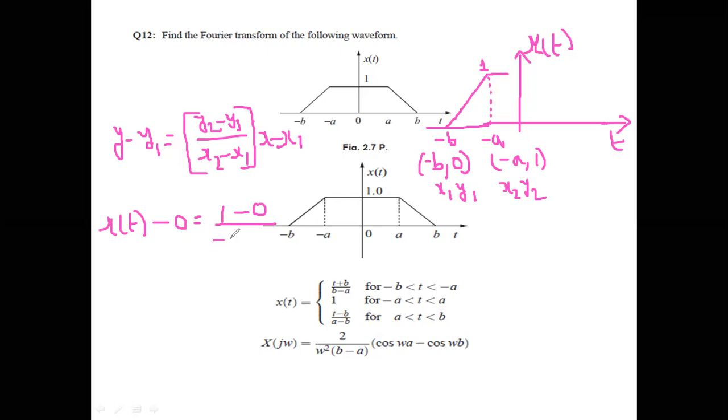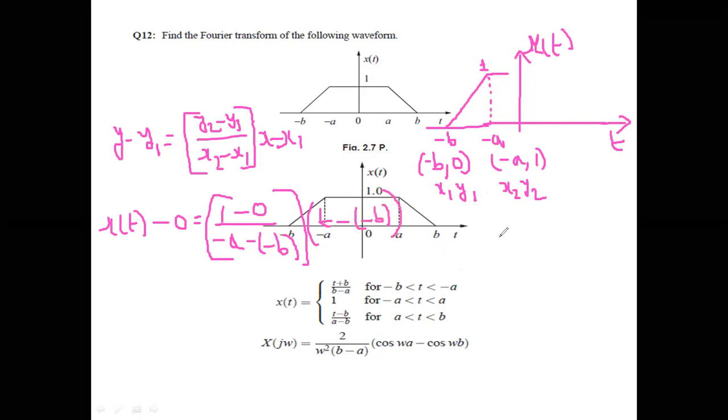Minus a, and x1 is minus of minus b, into whole multiplied with x. What is x here, my dear students? It is on the x-axis, the t variable. So t minus x1, minus b.